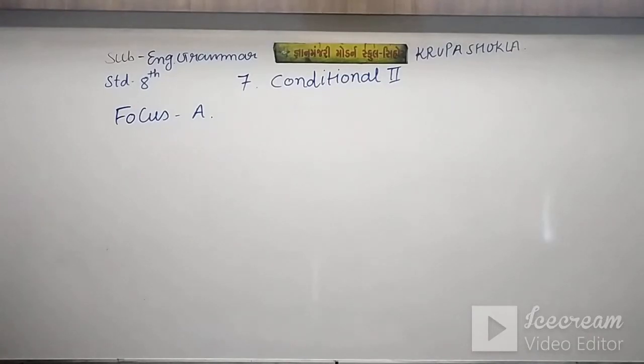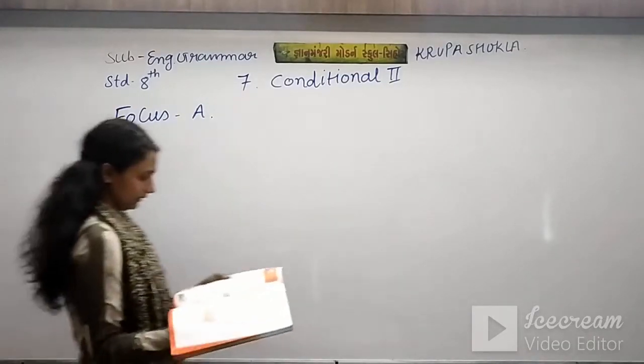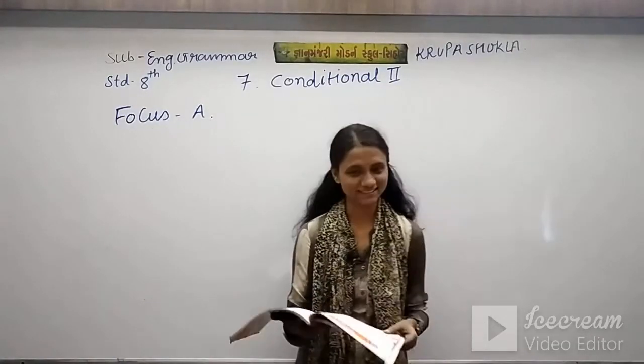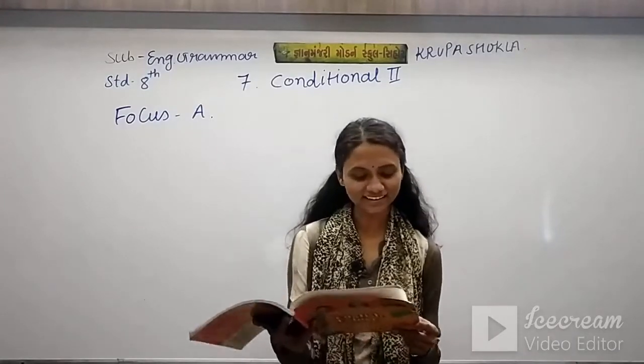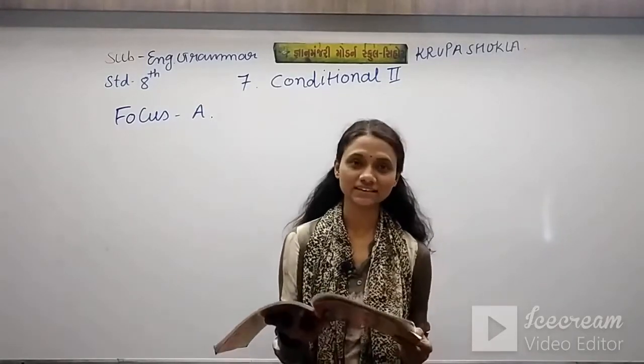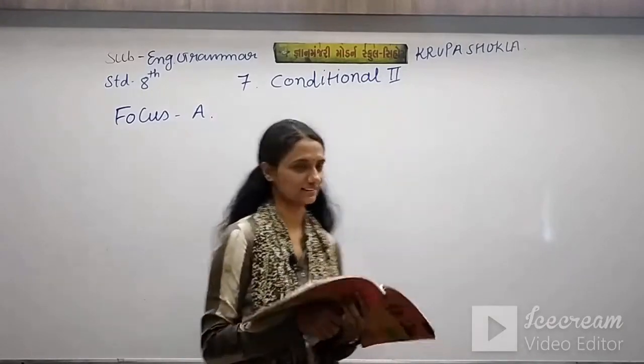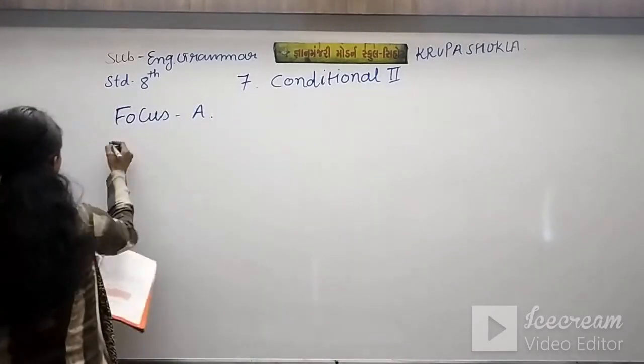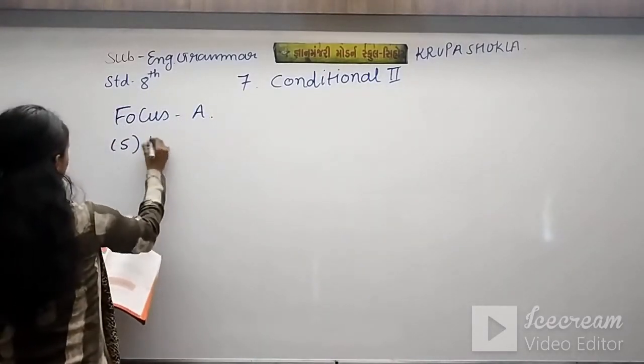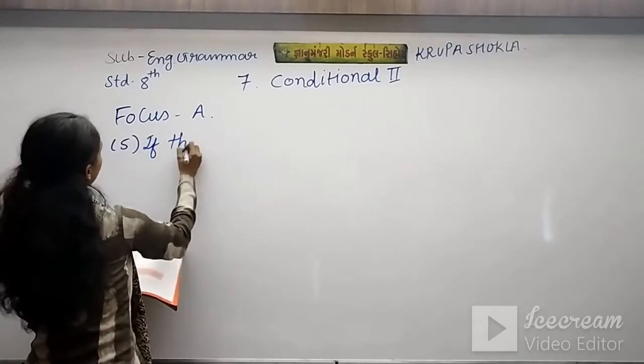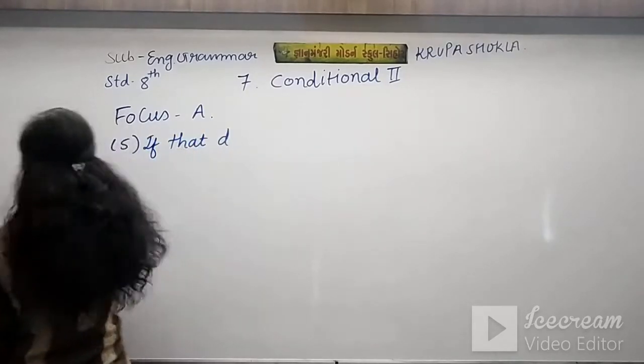Number 5 is, so the remaining one is the answer. If that lady did enough exercise, so D remains.